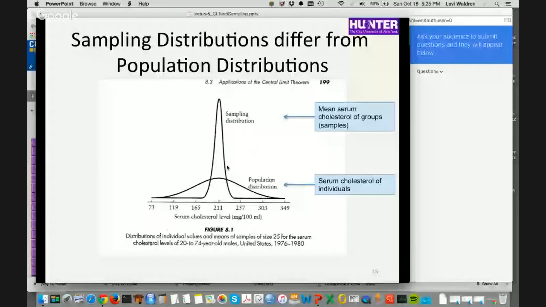The spread of the sampling distribution is smaller, because it's the average property of a group, and the average property is less variable than the property of an individual.